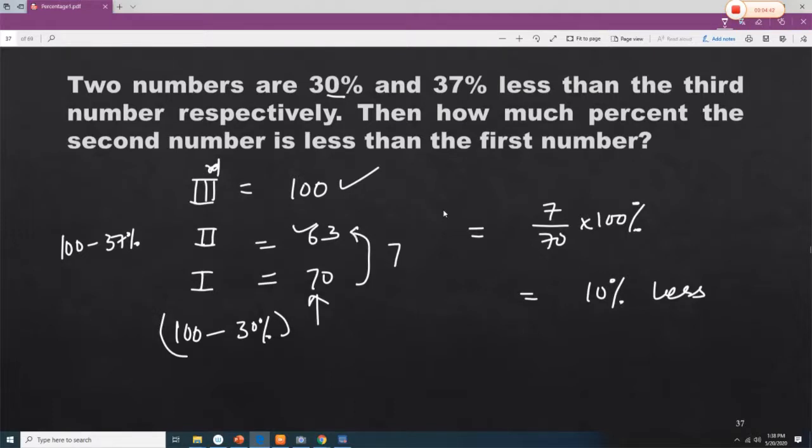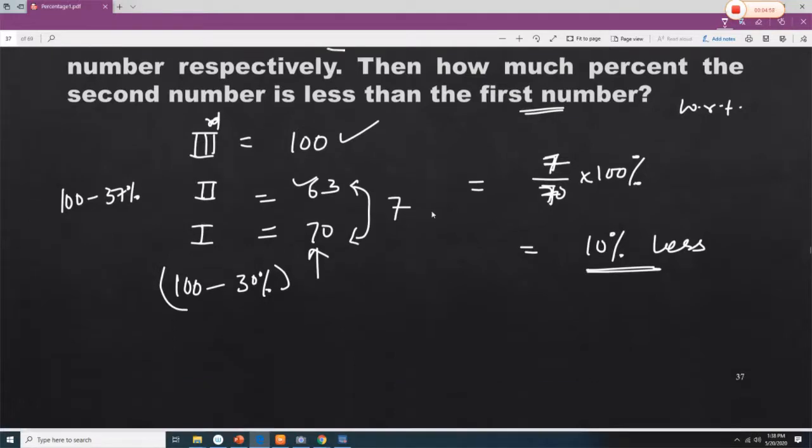Now what is the difference in absolute terms? It is 7. So 7 goes in the numerator, and it is asked about the first number. With respect to the first number, 70, it is 10% less.